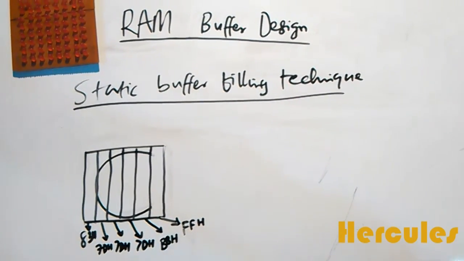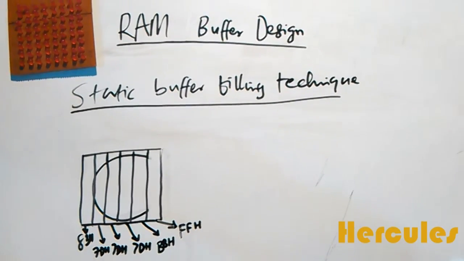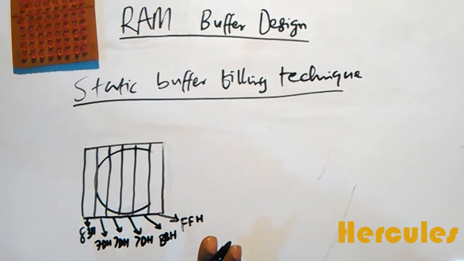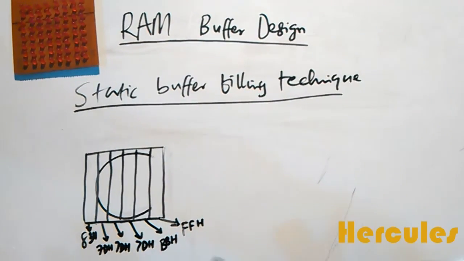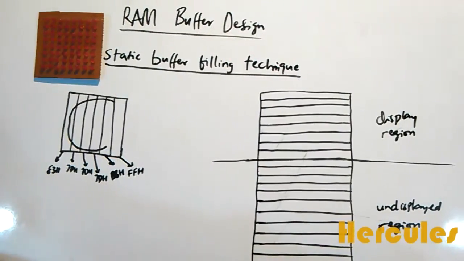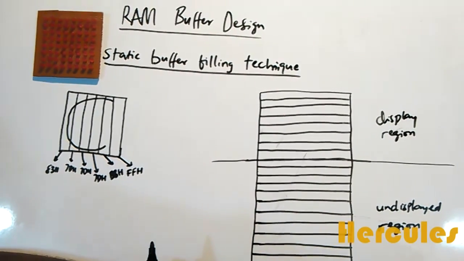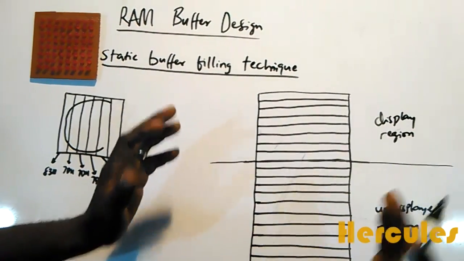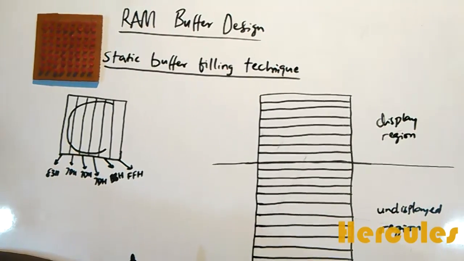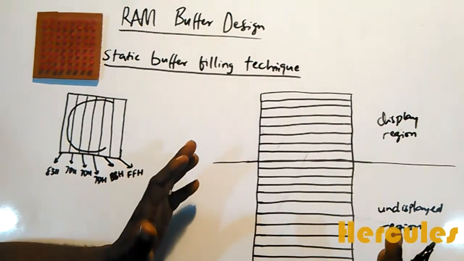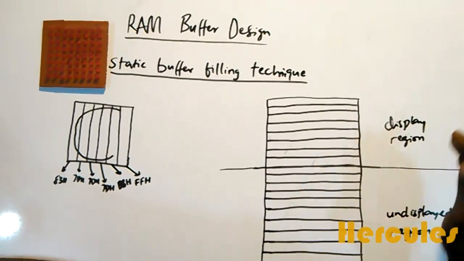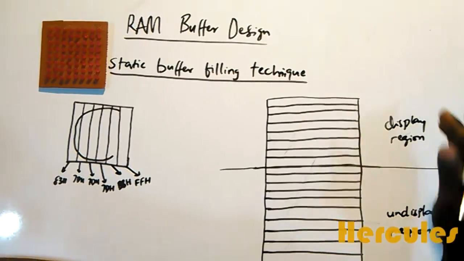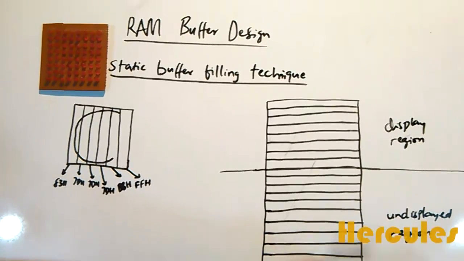So we're going to look at how to implement this in our memory, that is in our buffer for the Arduino Uno. Here we have an example of how our memory location looks for our Arduino, and I've separated some bytes and called them the display region, and this other part I've called the undisplayed region.